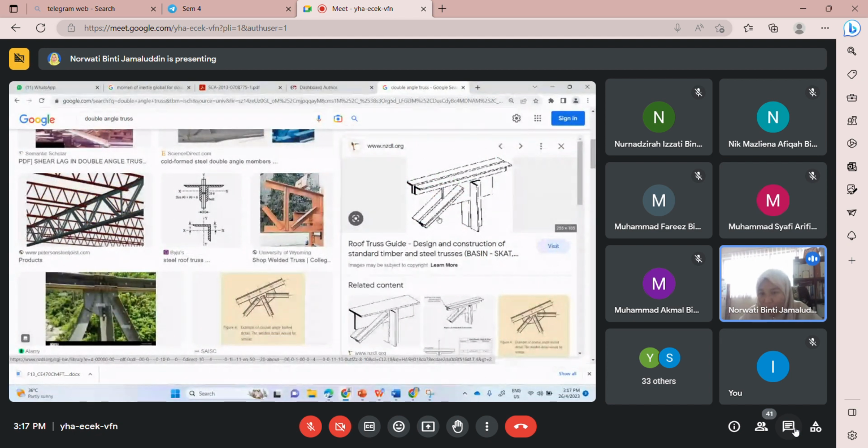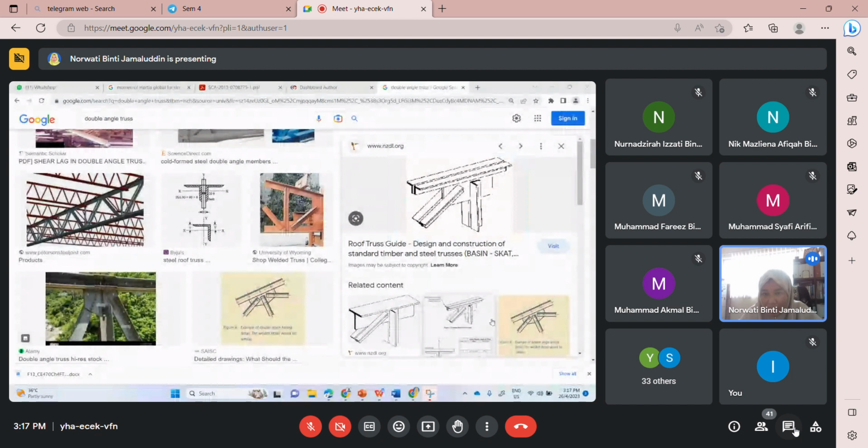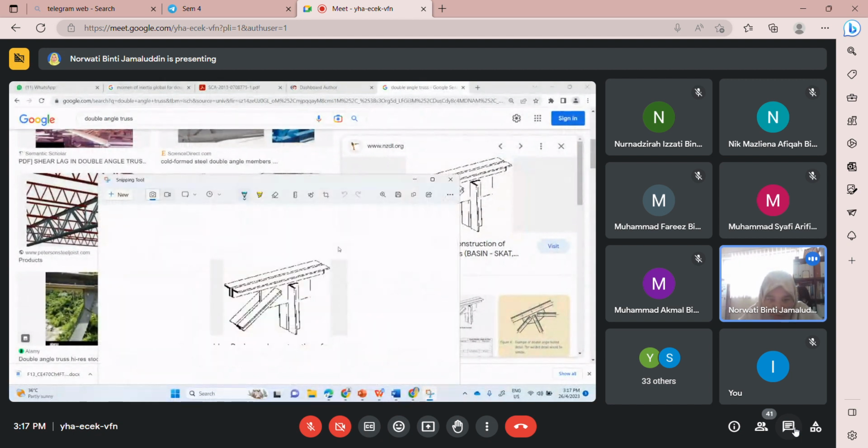So I'm assuming, who can tell me, this is the arrangement, actually, like this. So this is Z axis. This is Y axis. Buckling at Z axis. Who can tell me?